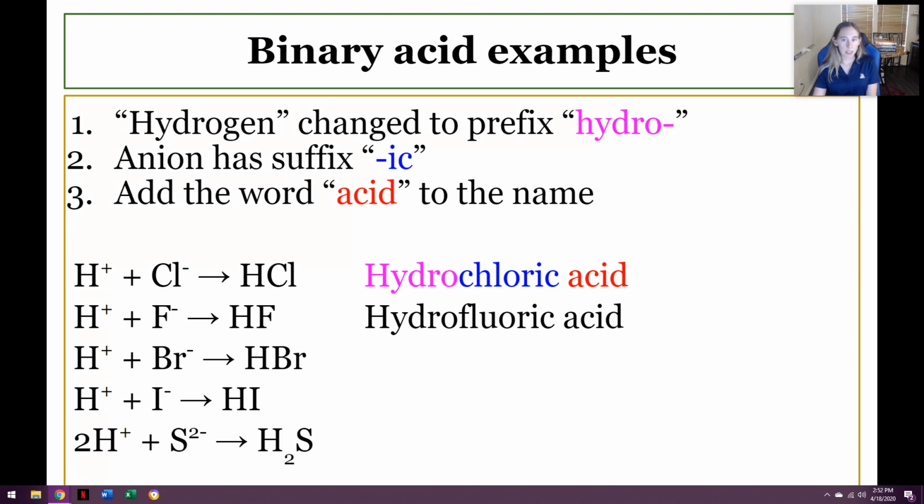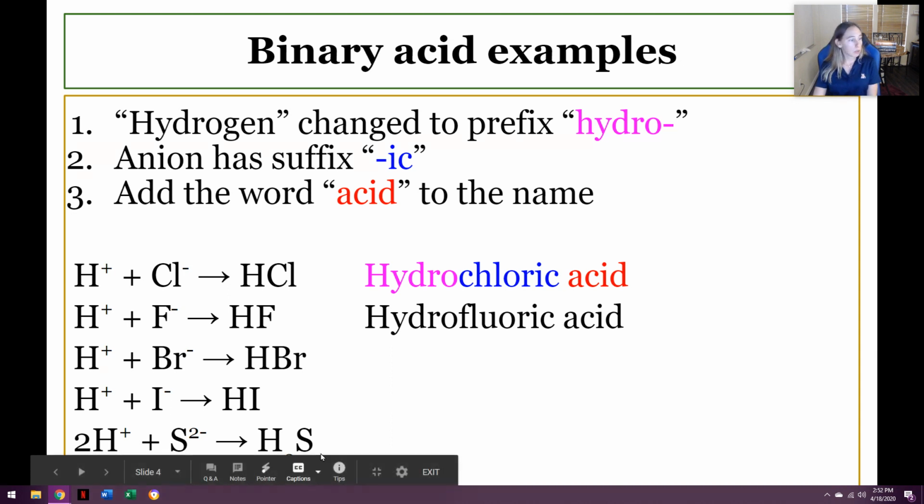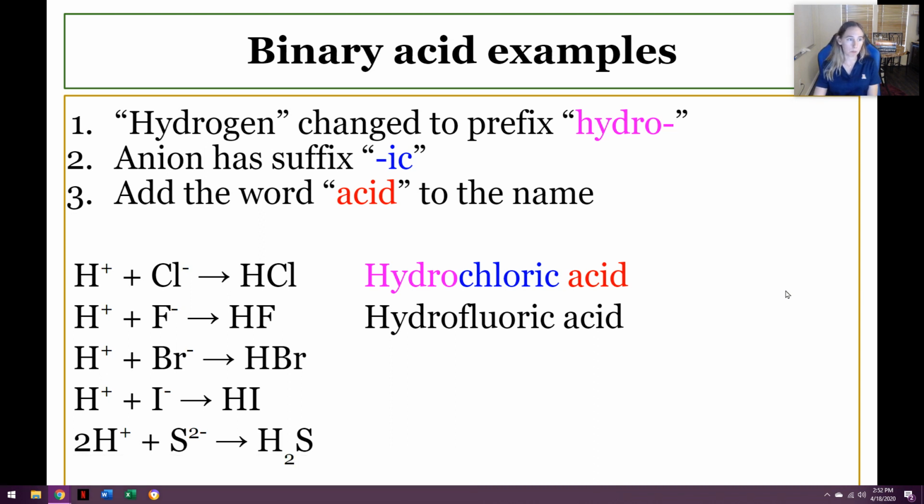Pause the video and see if you can name each of these acids. HBr is hydrobromic acid, HI is hydriodic acid, and H2S is hydrosulfuric acid. Don't confuse this last one with sulfuric acid, which we will get to in a moment.